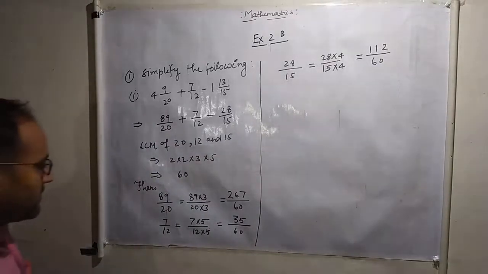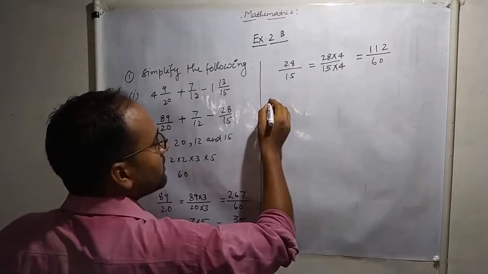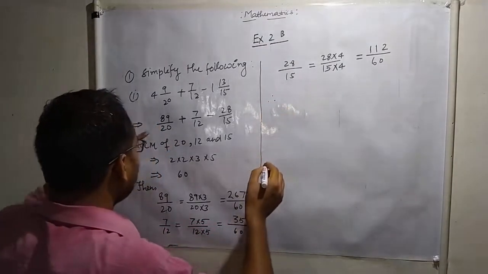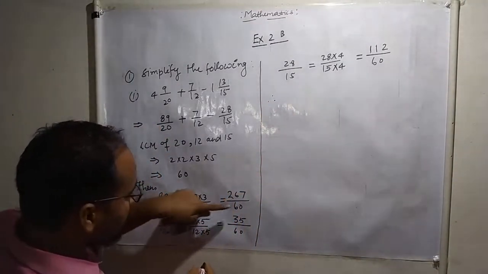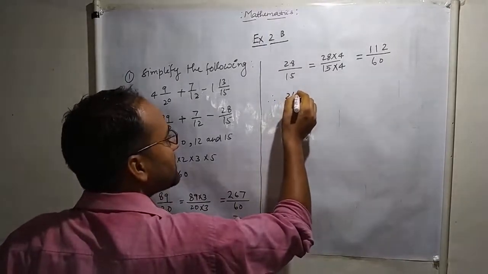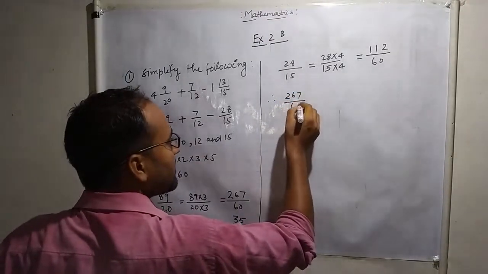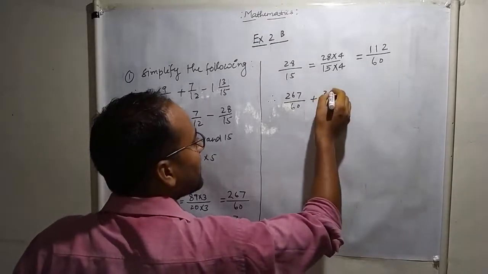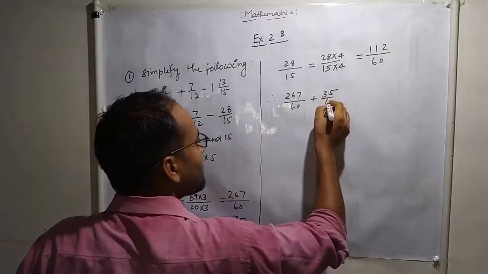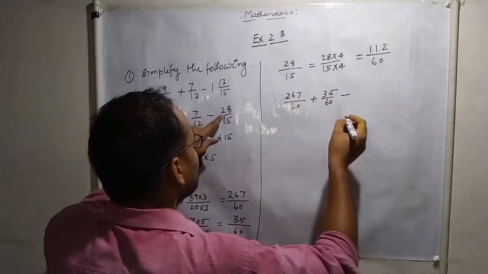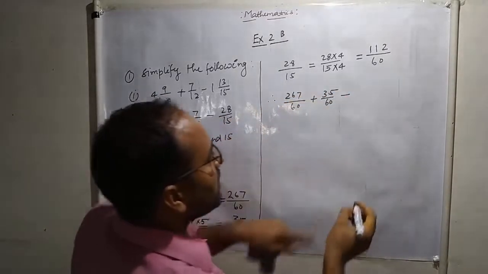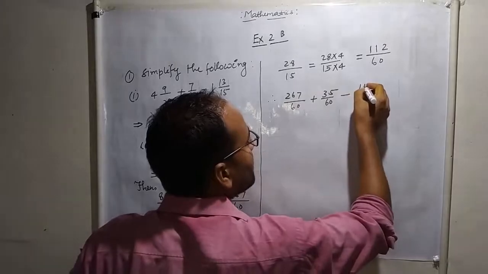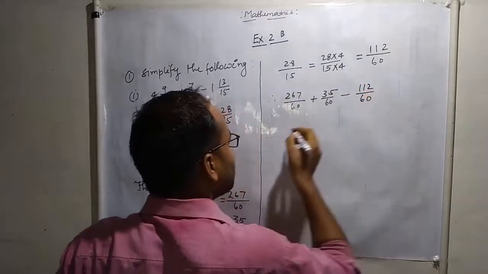And then 18 upon 20, you have changed it into 27 upon 60. 7 upon 60 plus 7 upon 12 is 35 upon 60, minus 28 upon 15, you have changed it into a like fraction, so 112 upon 60.